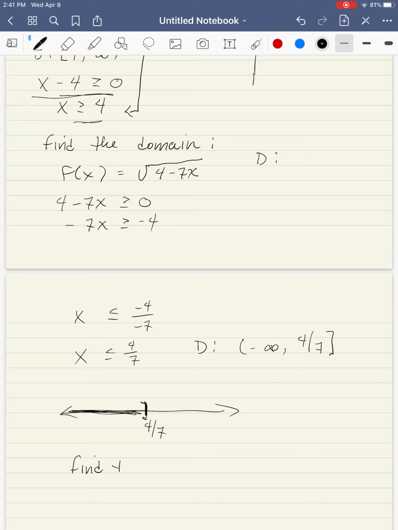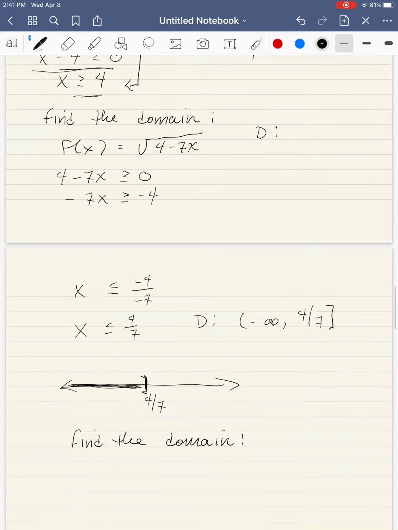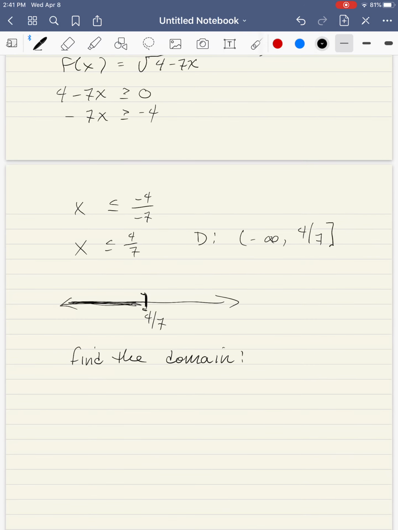You try this one. Find the domain of f of x equals the square root of 3x plus 5. Pause the video, work the problem, and then check.